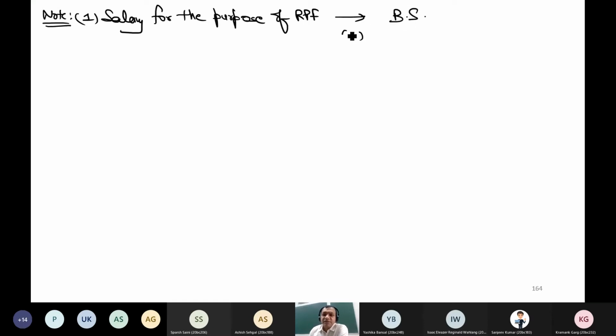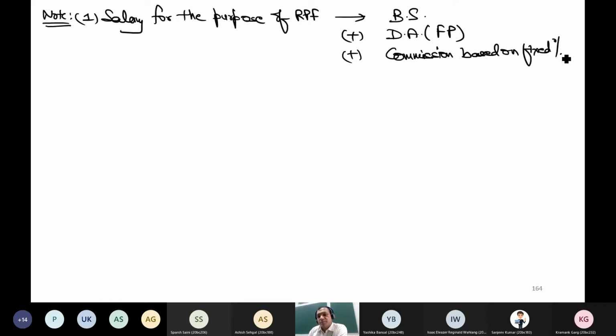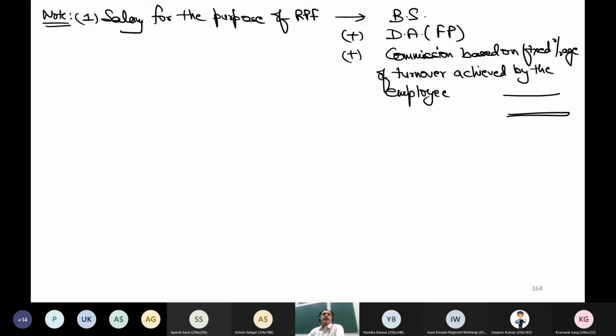Basic salary plus DA forming part plus commission based on a fixed percentage of turnover achieved by the employee. The total is salary. This multiplied by 12% will be exempt, and the remaining amount over and above 12% will be taxable.